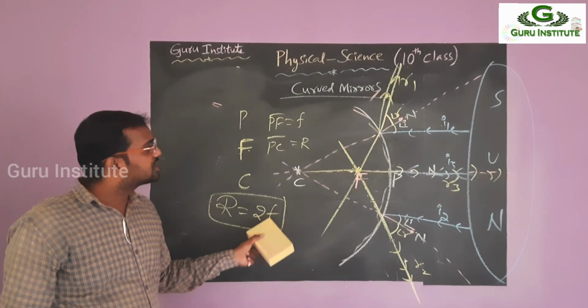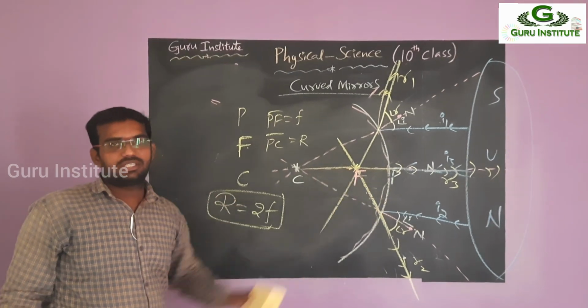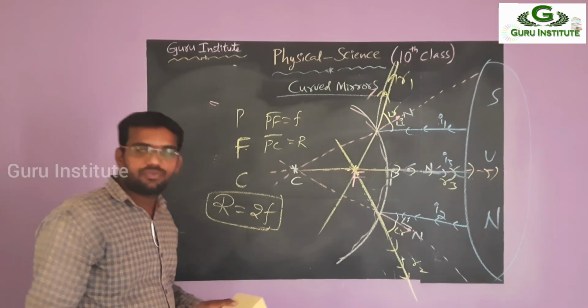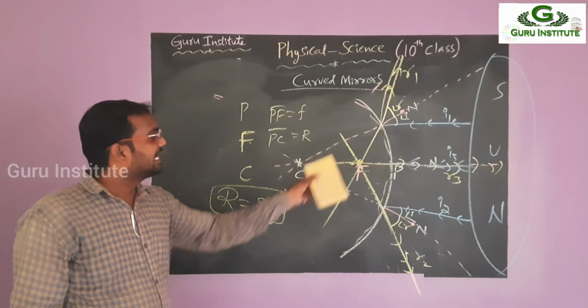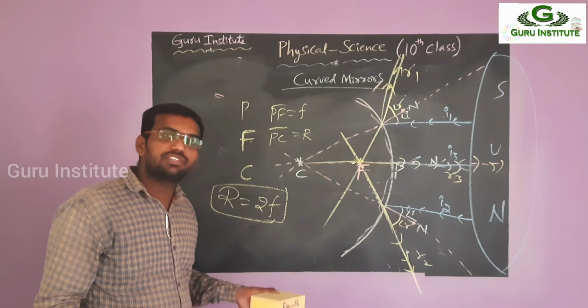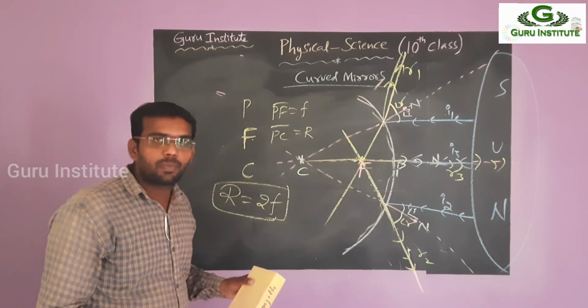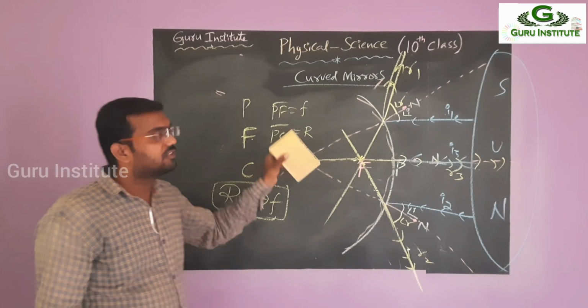Focal length means the distance between pole and focus. Radius of curvature means the distance between pole and center of curvature. Always we have to measure distances, in the case of mirrors or lenses, from the pole only. Why? Because the pole is the reference point for us. Okay children, this is our today's topic.